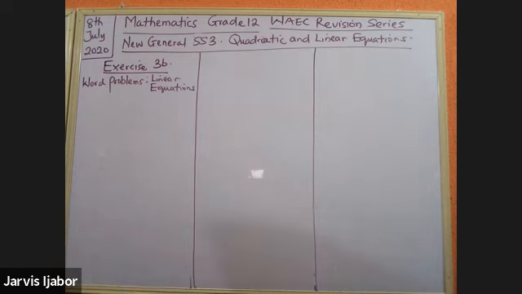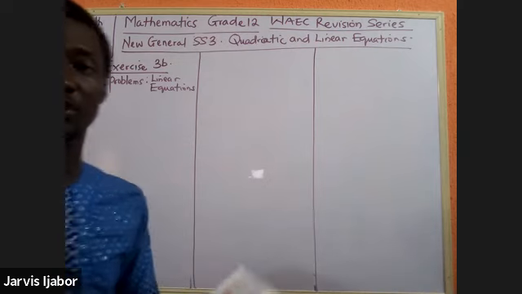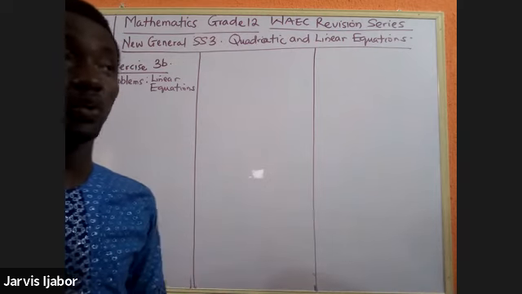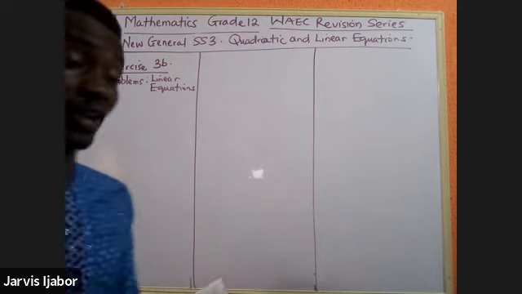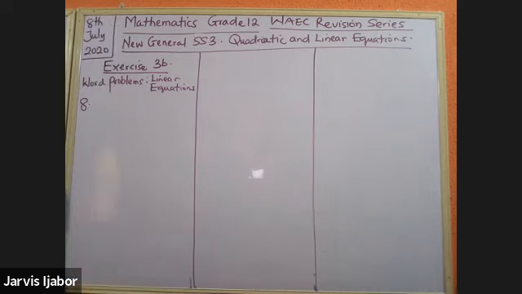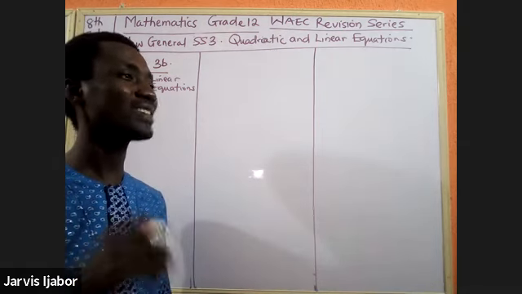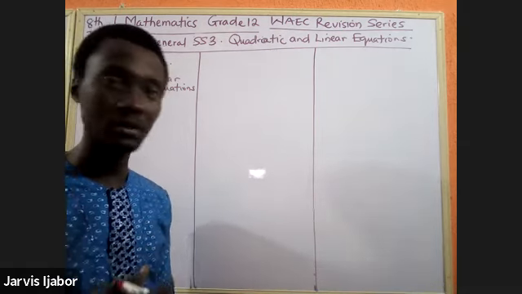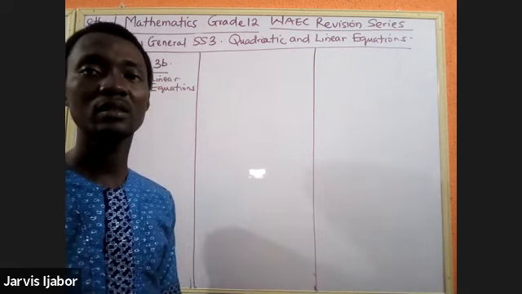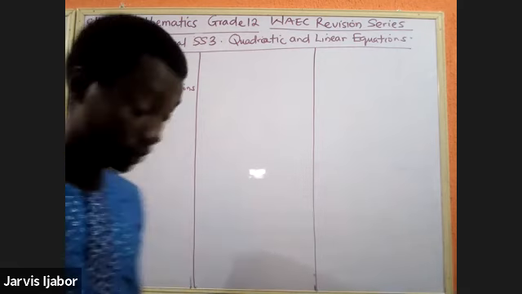So we'll look at question 8. If you have the textbook, better for you. If you don't have it, you just have to listen. I'll read the question, and then we'll try to process what the question wants us to do. Essentially, word problems will test your ability to convert written statements into mathematical models.